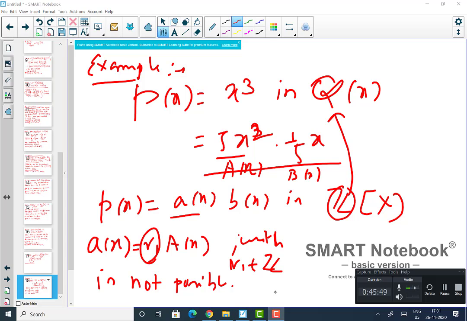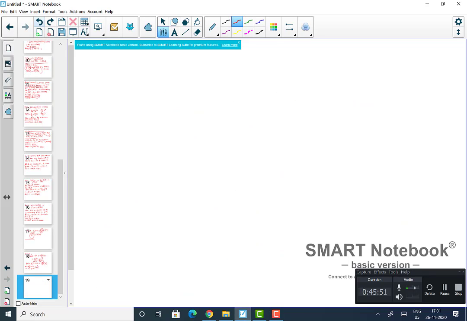And one more observation, or rather you can say corollary. But before writing the corollary, let me define some terminology. So, definition.